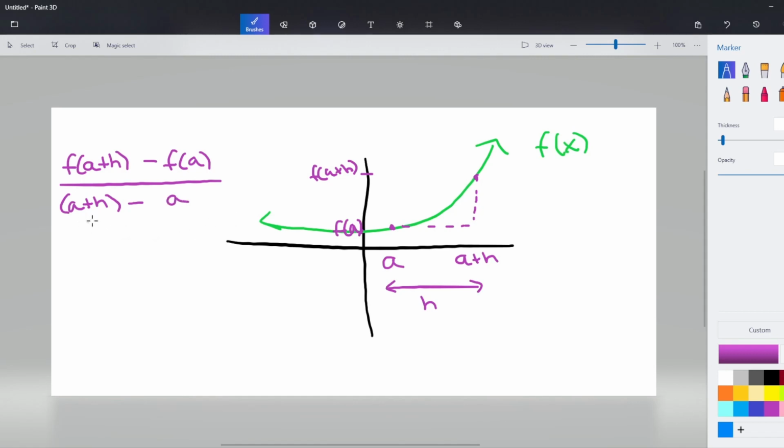Now we can see that on the bottom, a plus h minus a, this a cancels with this a, so we're left with f of a plus h minus f of a all over h.